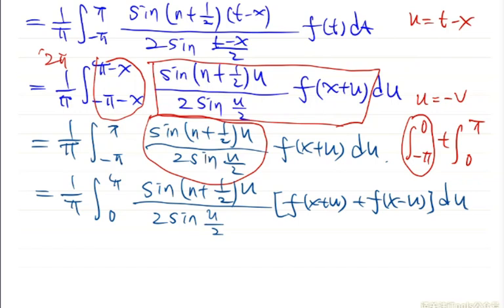The x minus u term comes from the integral over minus pi to 0, which is a change of variable. Okay.